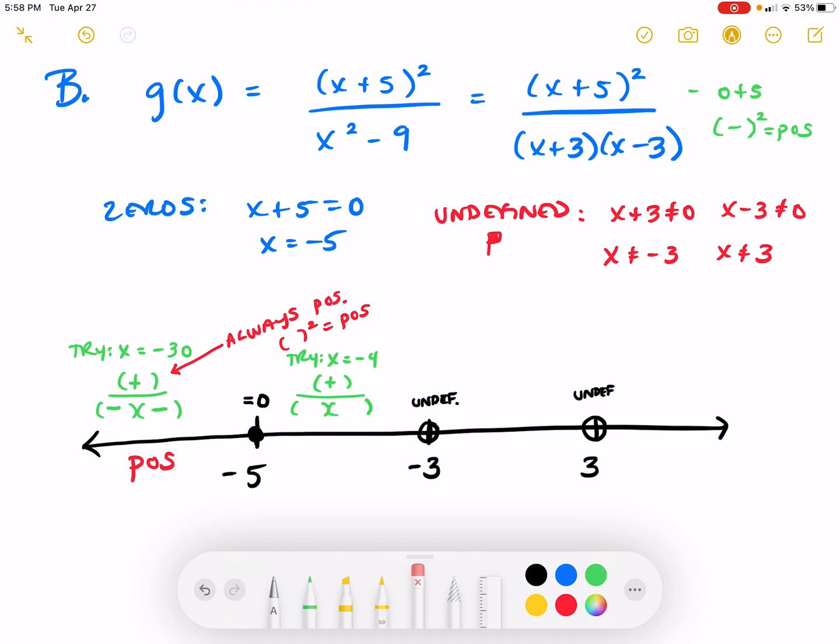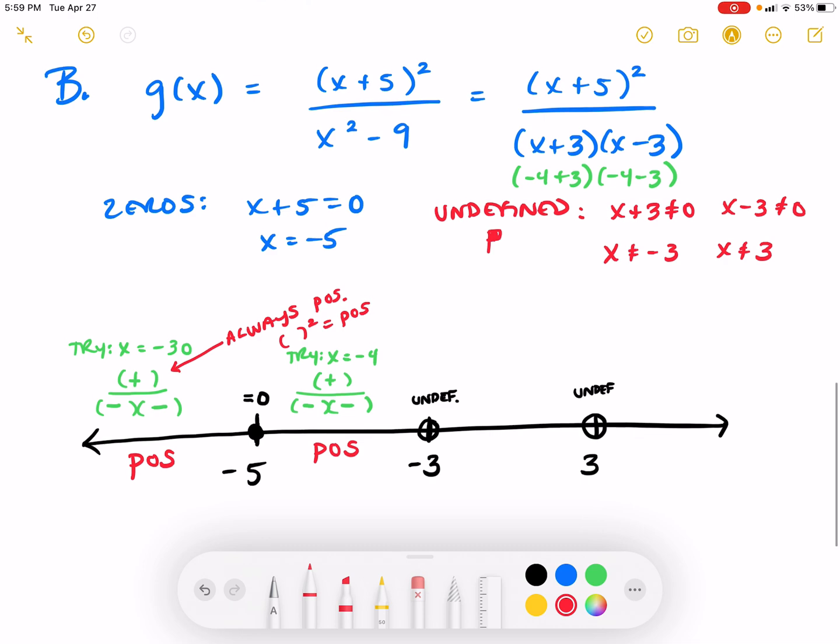So it's nice that we don't need to keep plugging things into that numerator factor. Well, if we take negative 4 plus 3, we're going to get a negative. And if we take negative 4 minus 3, we're going to get a negative. So again, when I take a positive divided by two negatives, those two negatives are going to become a positive.